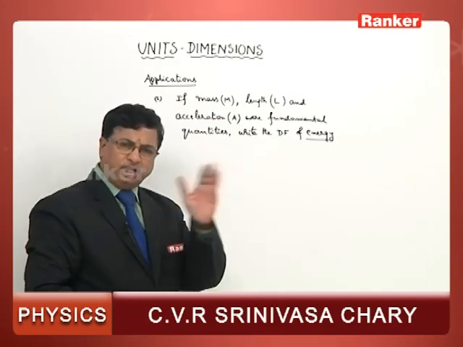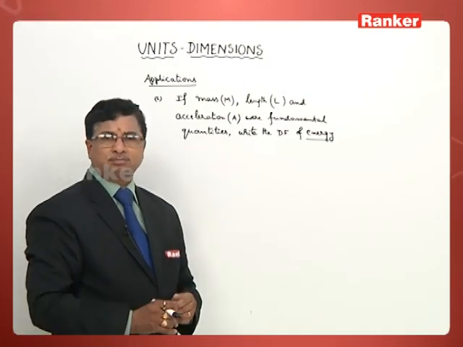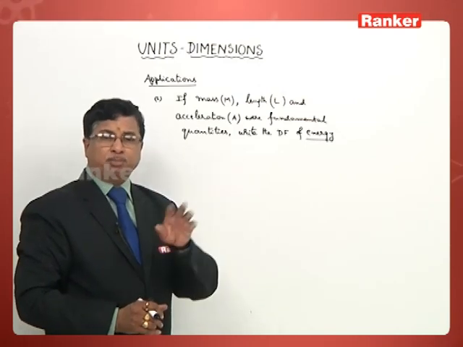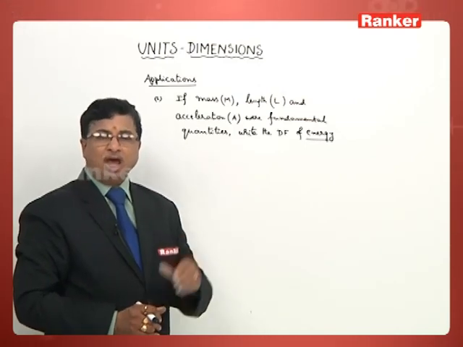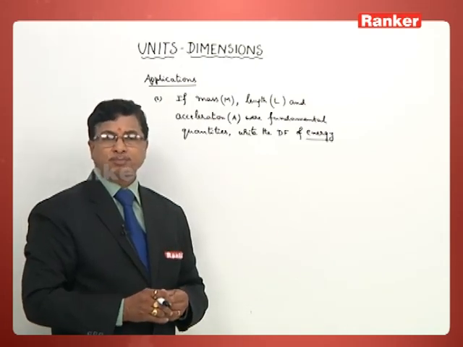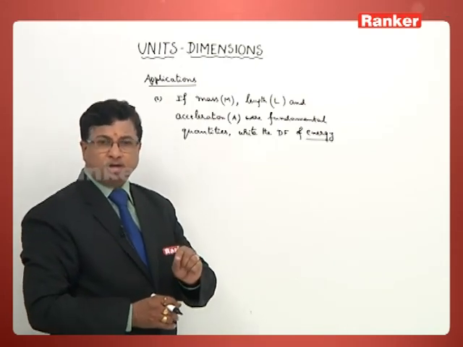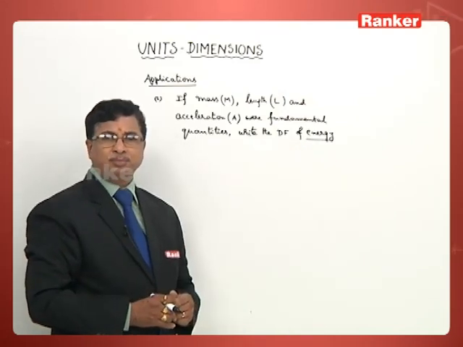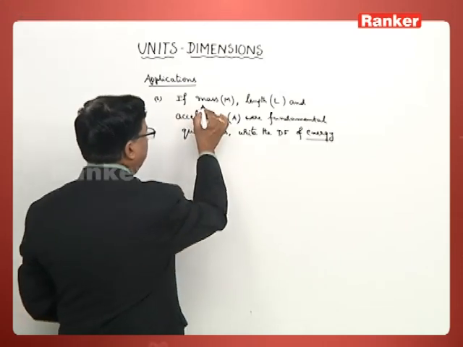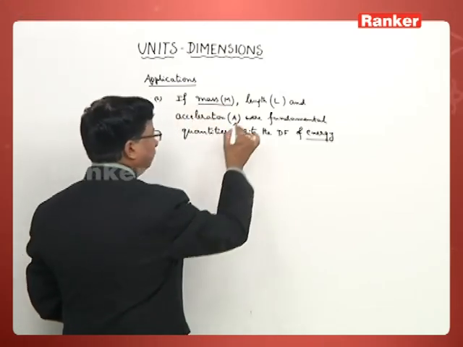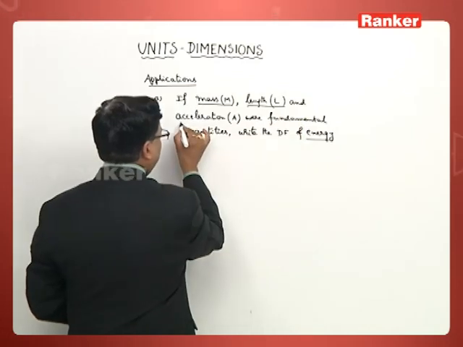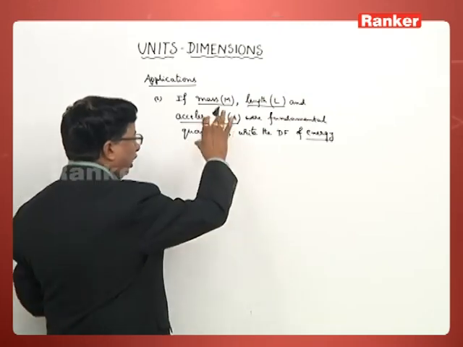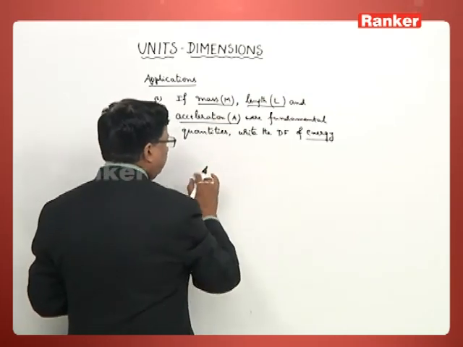He takes 3 quantities of his own choice, and if he says that these 3 were chosen as the fundamental physical quantities, what is the dimensional formula of some other quantity like energy in this example? What are the 3 fundamental quantities he is talking about? Mass is one, length is the second one, and acceleration is the third one.